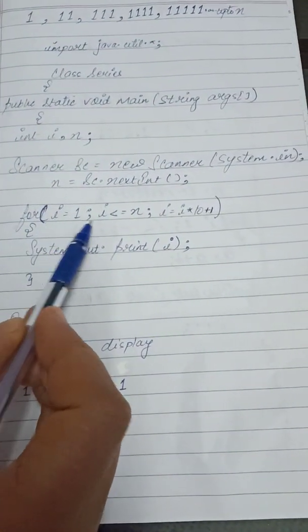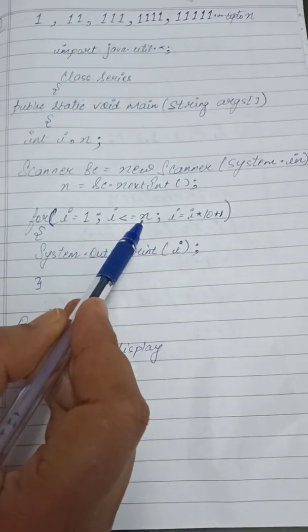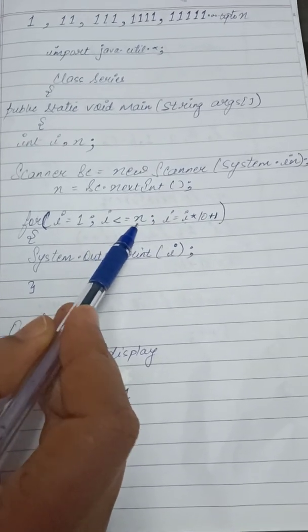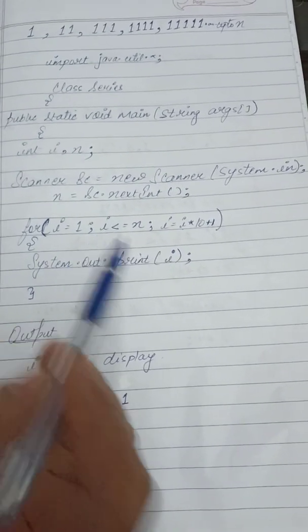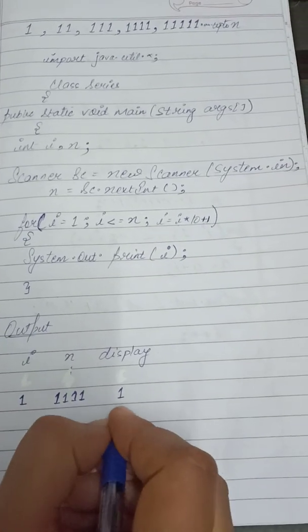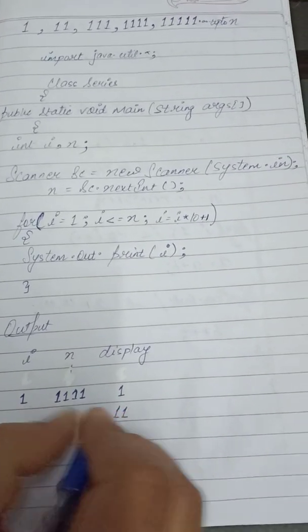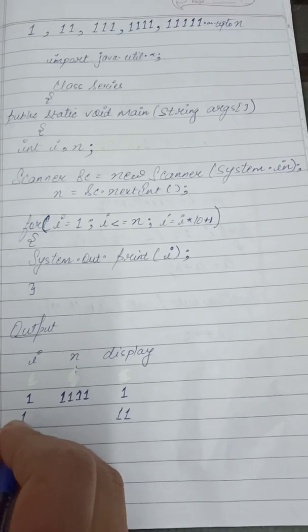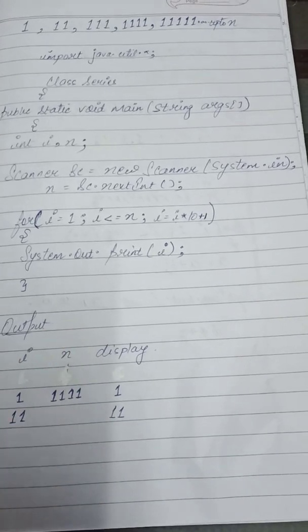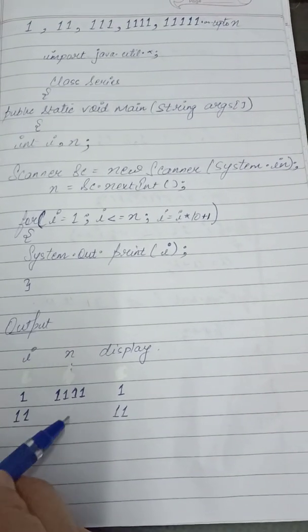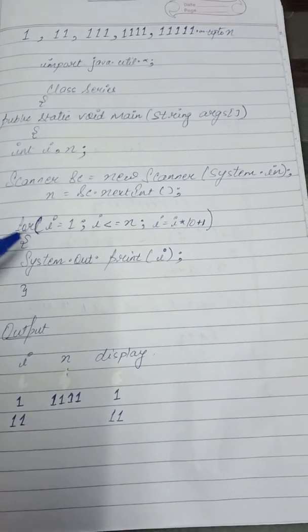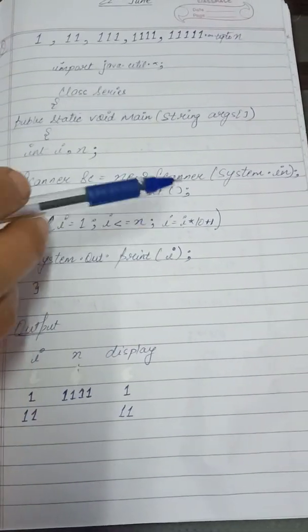Now it will check whether 11 is less than or equal to 1111, condition is true, so it will print here I, which is 11. Here value of I has become 11.